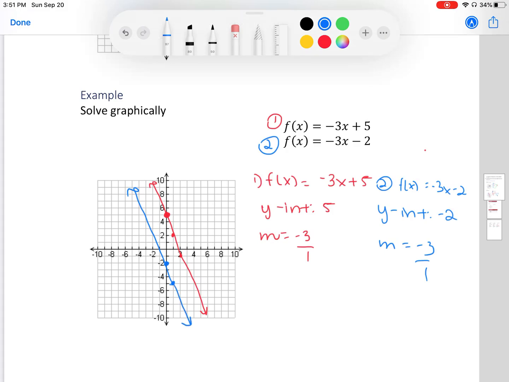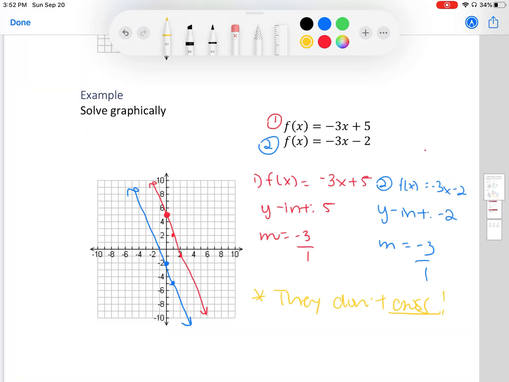Okay, where do these lines meet? We have a problem, right? They don't meet at all. They don't cross. So if they don't cross and if they don't meet, there's no actual solution, right?